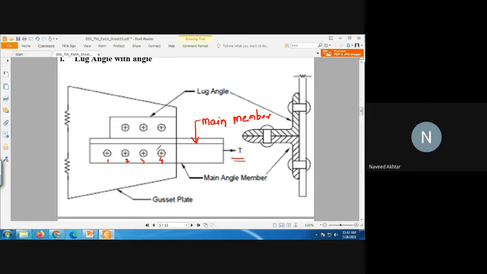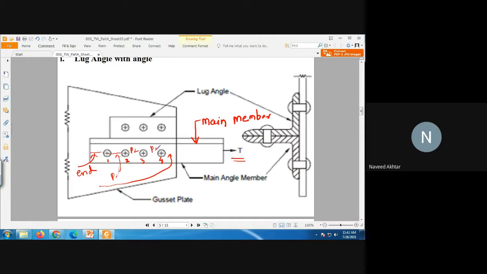But there is no place to put the additional bolts due to the end distance required on both sides. Both sides you require end distance, and this is nothing but the pitch of your bolt. You can say P1, P2, this pitch P3.